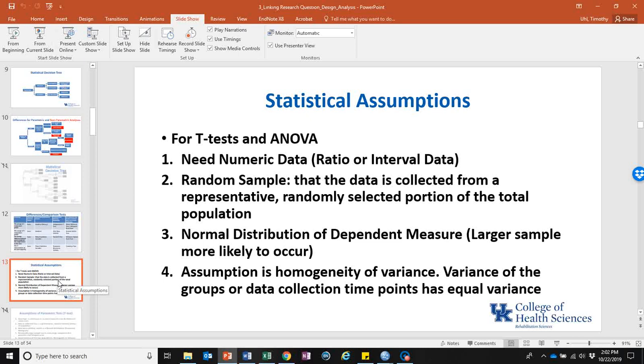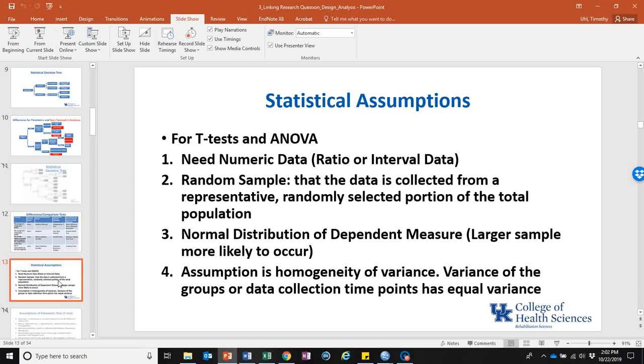We need numeric data, ratio or interval, like strength. We need to have a random sample that's somewhat organized and represented by trying to get people to randomly be in your study. A lot of times it's a sample of convenience for some of these research projects that you can't get a very large sample.